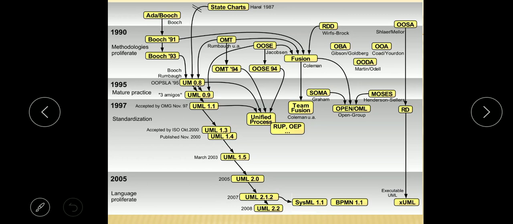The partnership also contained additional interested parties, for example, HP, DEC, IBM, and Microsoft. The UML Partners' UML 1.0 draft was proposed to the OMG in January 1997 by the consortium.